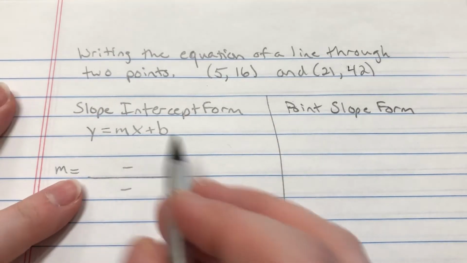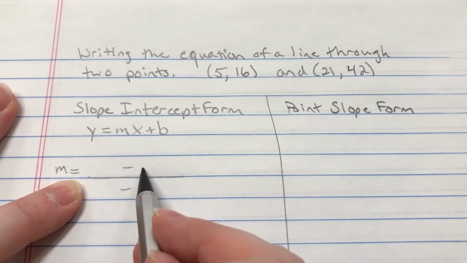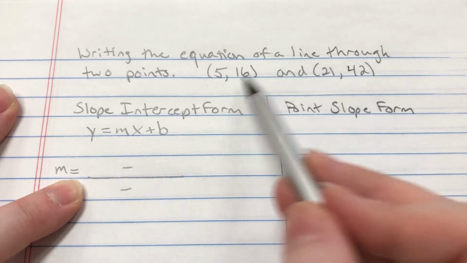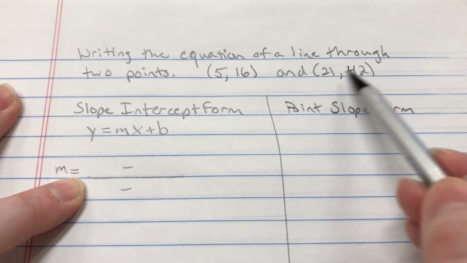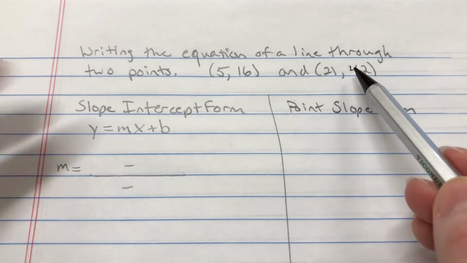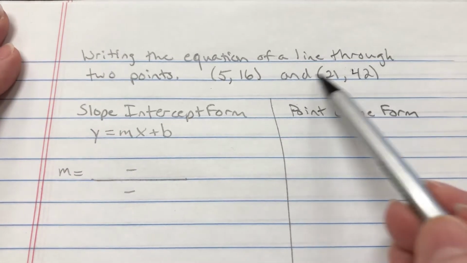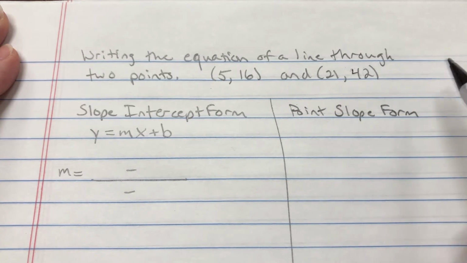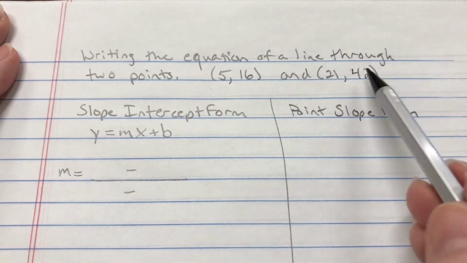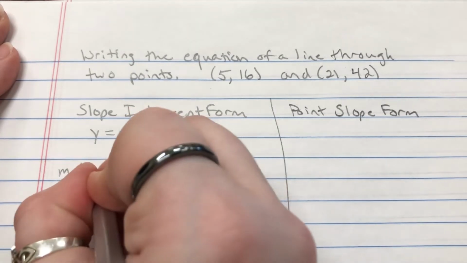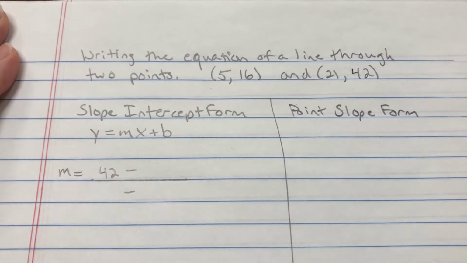All right, so if I need the change in my y values in the numerator, I'm going to choose a second point to start with. All right, now all I need to figure out, once I understand how slope is set up, is which of these is my y-coordinate. It's always the second number in your ordered pair. All right, so 42 is the y-coordinate of that point.